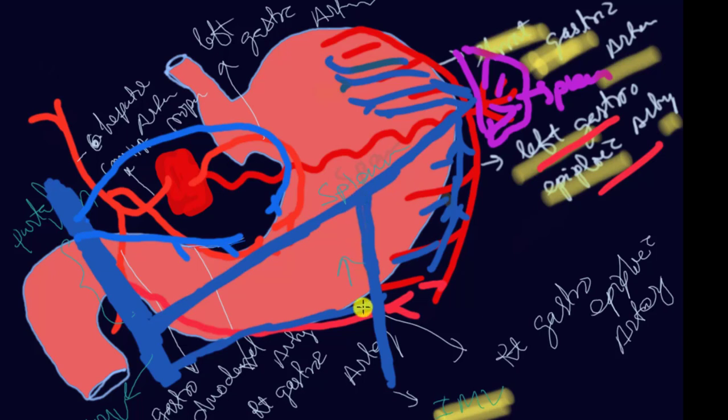Then the inferior mesenteric vein and splenic vein go towards the superior mesenteric vein. The superior mesenteric vein receives blood from the splenic vein and from the right gastroepiploic vein.